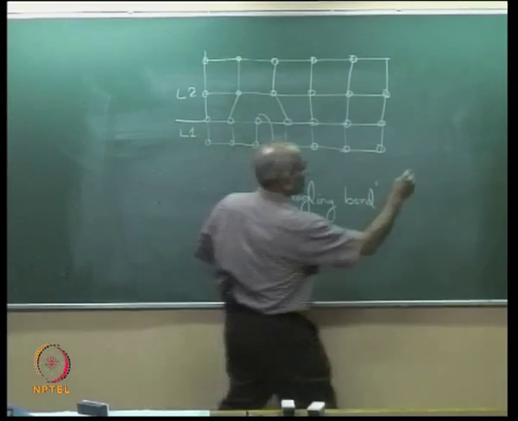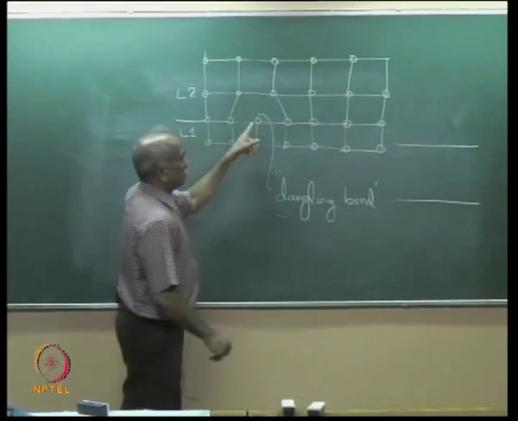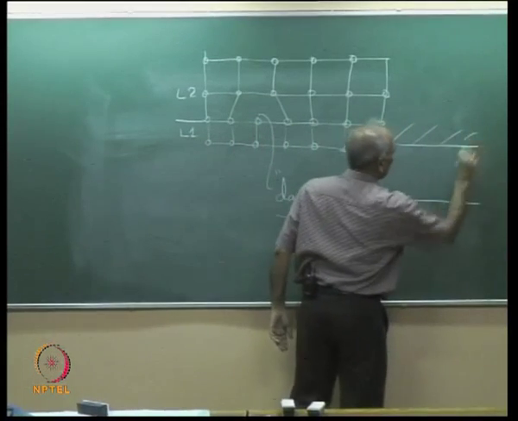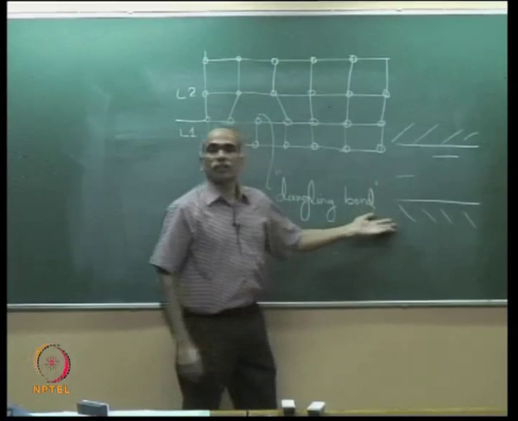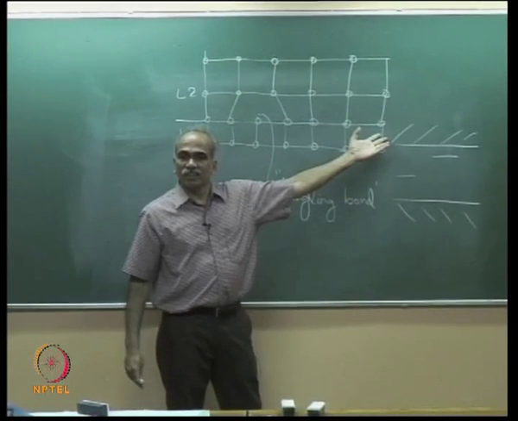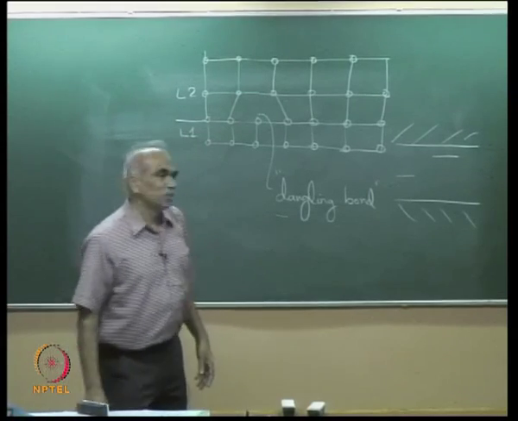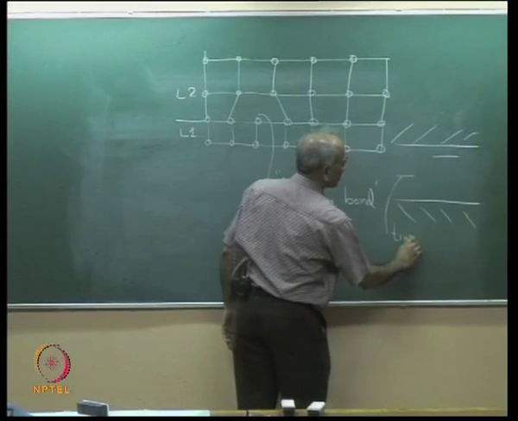And when you see the band diagram, these states have energy different; all others have energy within the band. These states may have energy somewhere in the band gap. And these we call trap states.